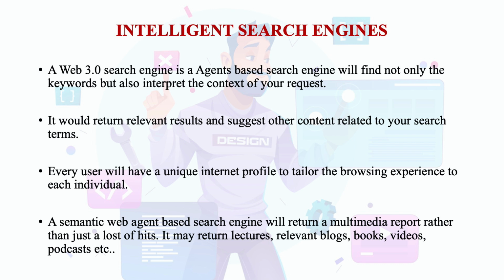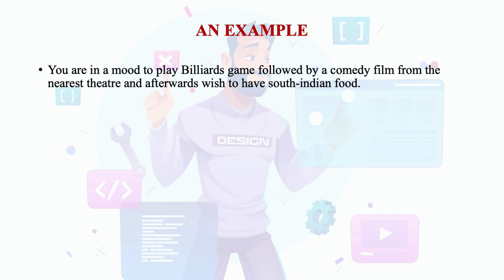Just we will have a simple example in the form of a search. Suppose you are in a mood to play a billiards game followed by a comedy film from the nearest theatre and afterwards wish to have South Indian food. So this would be understood by the personal agent, assistant, or else you can say a simple search engine of Web 3.0.